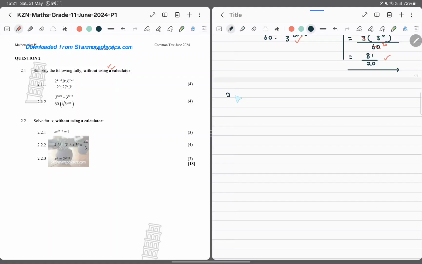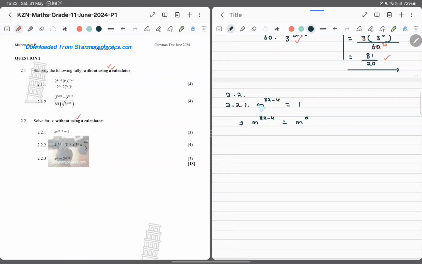Let's get 2.2. Now, we are also supposed to solve for x without using a calculator. We've got 2.2.1. We've got m to the exponent 8x minus 4 equal to 1. So this implies that we've got m to the exponent 8x minus 4 equal to m to the exponent 0.